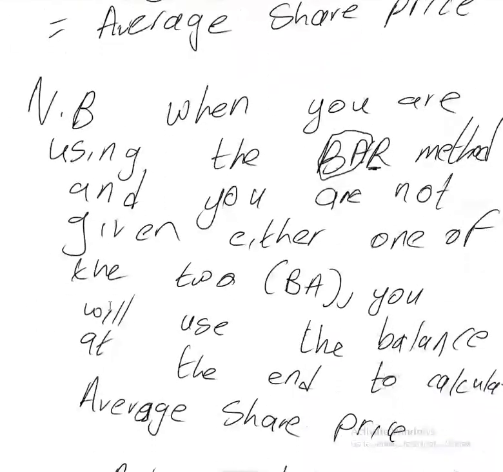Now, there is a very important note that you will need to master the BAR and the BRA method. When you are using the BAR method and you are not given either one of the two, remember, on the BAR method you need to focus on the B and the A, the letters before the R. If you are not given either the B or the A, you will use the balance at the end to calculate the average share price.